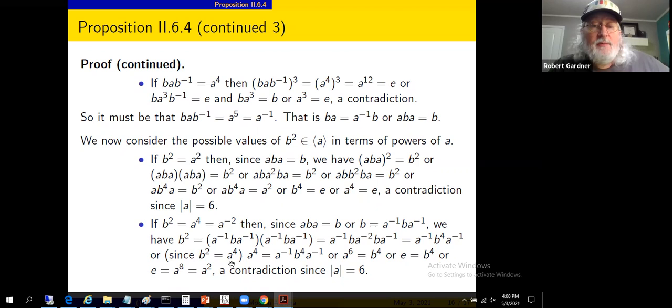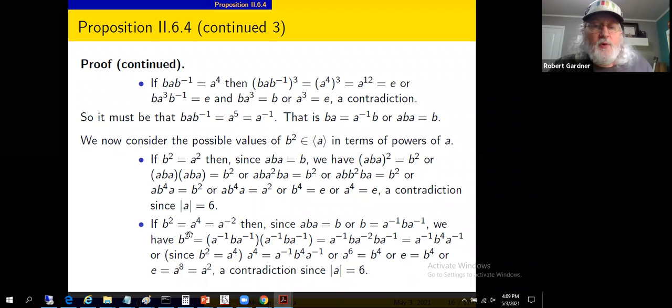B squared equals A to the fourth, our hypothesis again. So we can take this B squared, replace it with an A to the fourth on the left-hand side of that equation, keep the right-hand side the same. Take these A's to the other side of the equation, and A to the sixth equals B to the fourth. A is an element of order 6, so we get the identity equals B to the fourth.